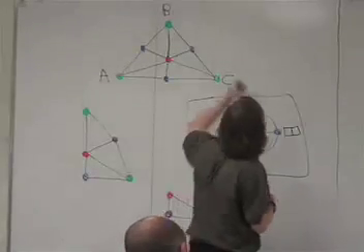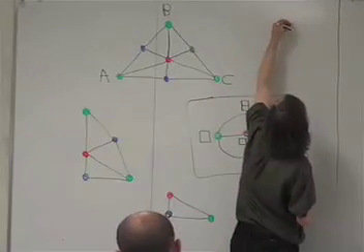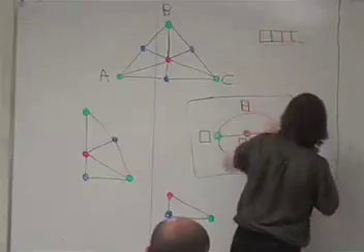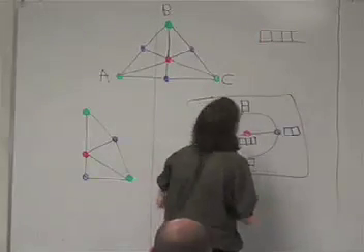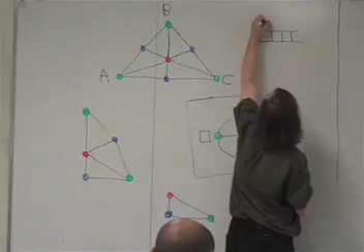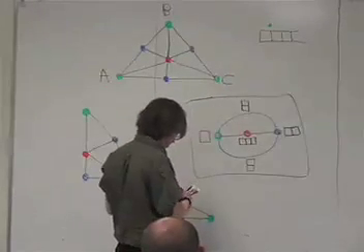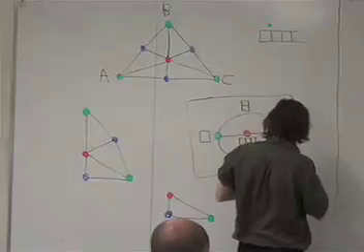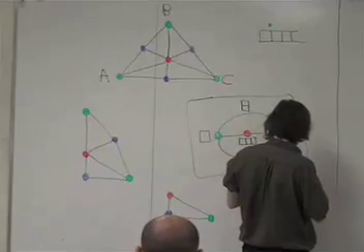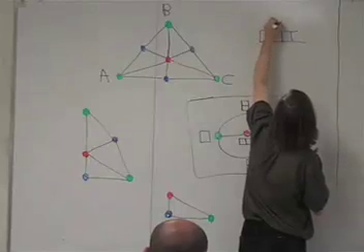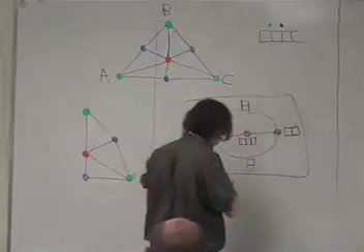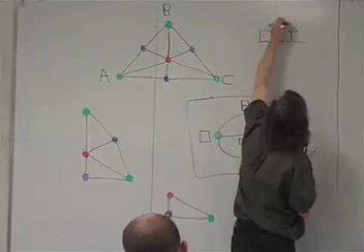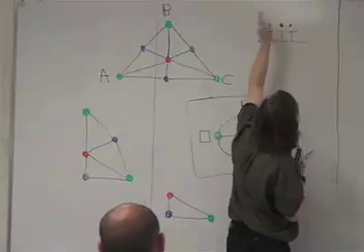In fact, let me remind us how it works. The green corresponds to the separation between those first two boxes. The blue corresponds to the separation between the second two boxes. And the red corresponds to the separation between the third box and the piece that's missing.